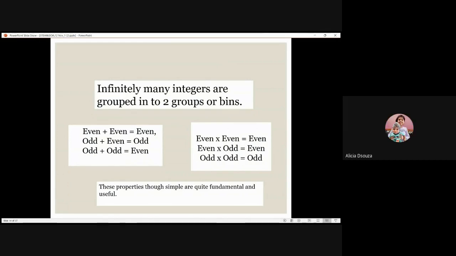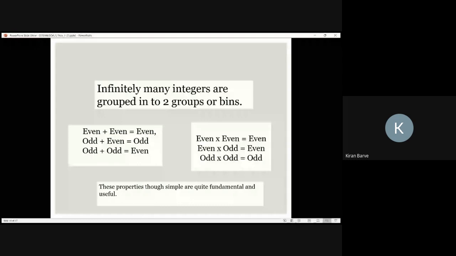For example, 3 plus 3 gives 6, so it is even. Let us take any two from the odd box and add them, they will go to the even box. Take one from the even box, another from the odd box, add, they will go into the odd box, irrespective of what you are picking up. That is the beauty, that is the strength.